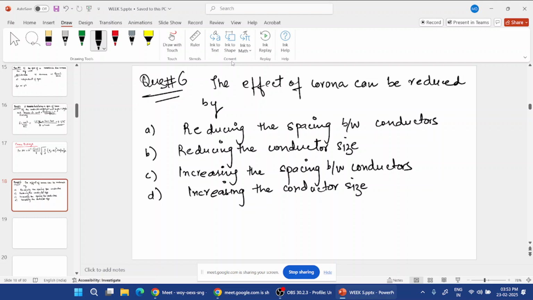Someone is saying C and D. Anyone other than A, reducing the spacing between the conductors? Okay, let me see it. Anyone else?